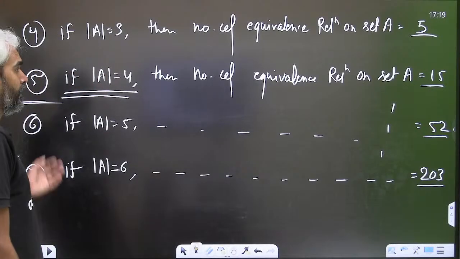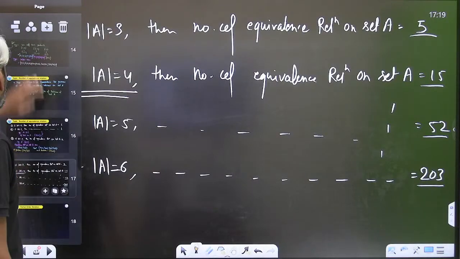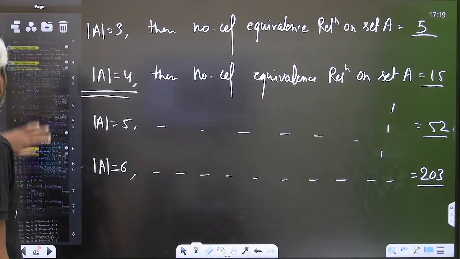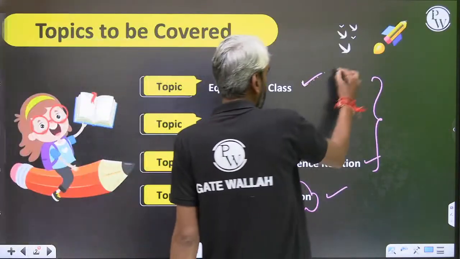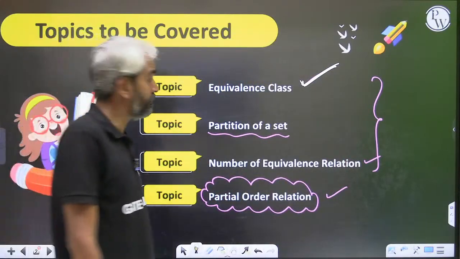Okay, so we are done with all those things which we were supposed to discuss last class. Now I hope you understand equivalence class. We defined it for an element of set A with respect to an equivalence.